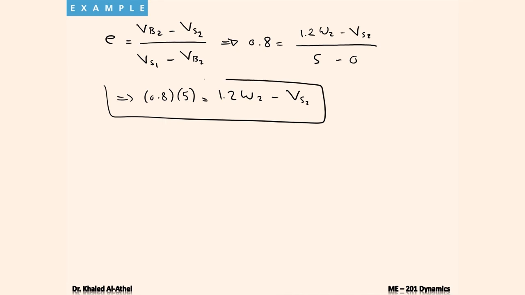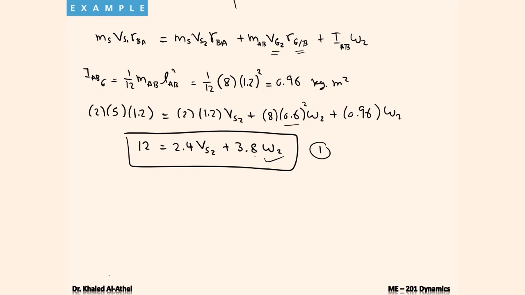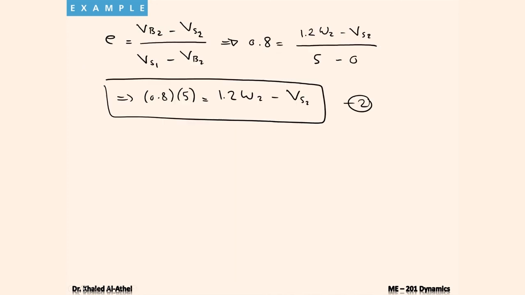This gives me 0.8 multiplied by 5 equals 1.2 omega 2 minus Vs2. So this is my second equation, and it has the same two unknowns, Vs and omega. That's why instead of writing VB2, I wrote it in terms of omega.